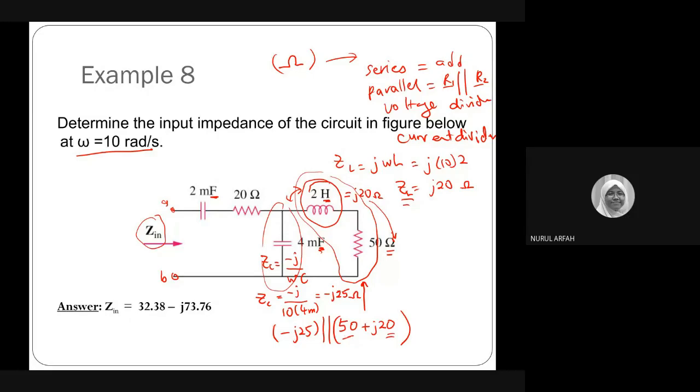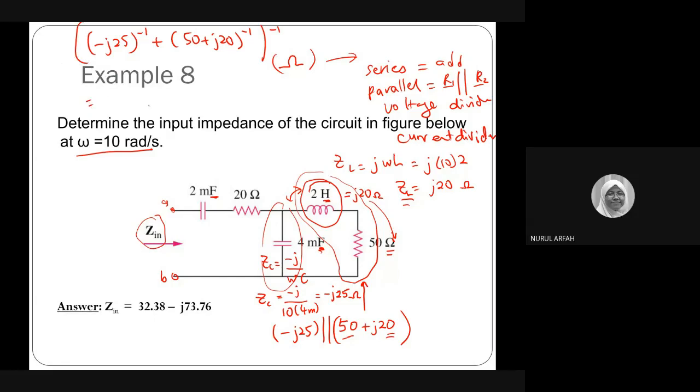Remember to use brackets. Negative j25 in bracket inverse, plus 50 plus j20 inverse, and inverse all the answer.